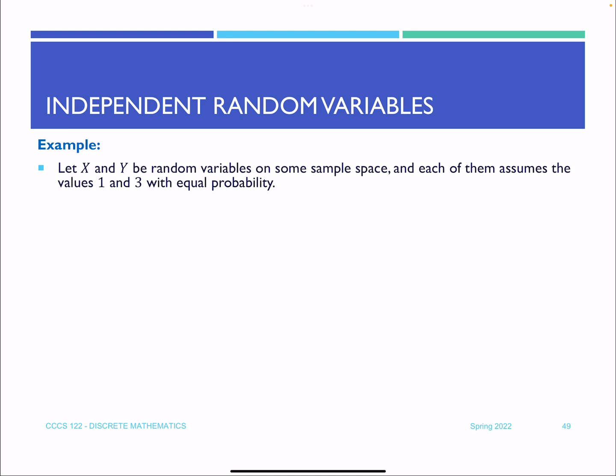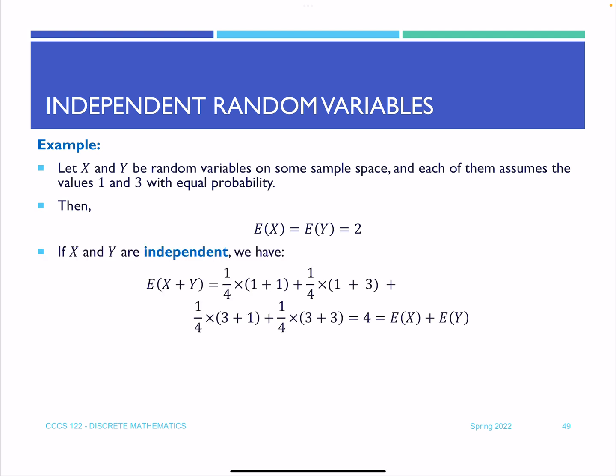So let x and y be random variables on some sample space, and each of them assumes the values 1 and 3 with equal probability. So the expected value of x is equal to the expected value of y is equal to 2. Equal probability, right?